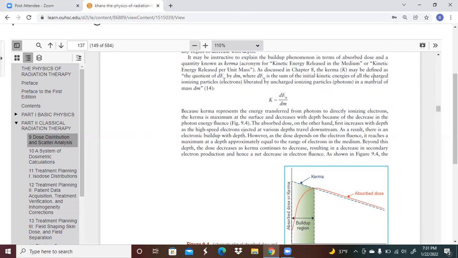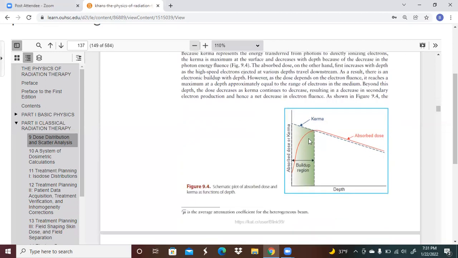That's the sum of the initial kinetic energies of all of the charged ionizing particles liberated by uncharged ionizing particles. So you've got a small amount of mass, you've got the photons coming in, they're hitting and imparting energy to those particles, and then they get liberated.